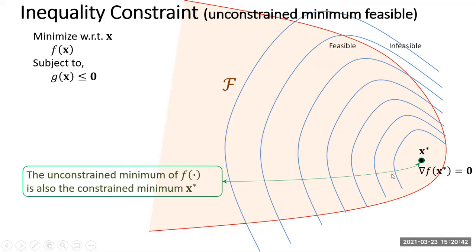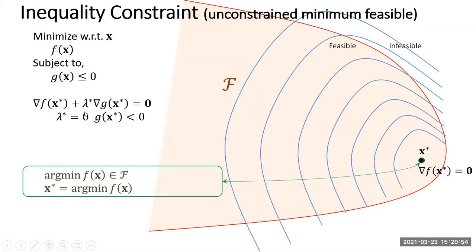And so del g will be in some direction. Now del f equals 0, and del g will be some value. Now, del f plus 0 times del g will be equal to 0. If we set lambda star to 0, since del f is already equal to 0, this whole thing will be equal to 0.